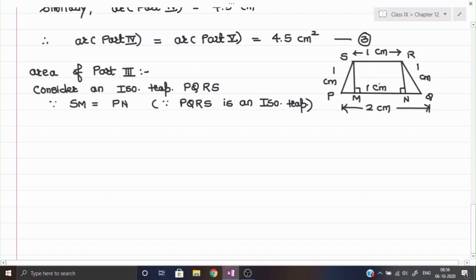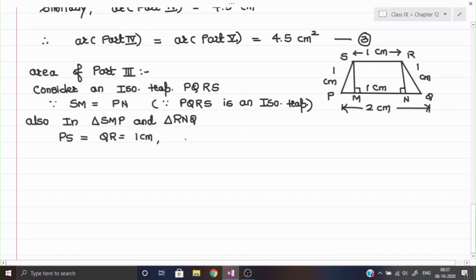And one more thing, in triangle SMP and triangle RNQ, observe PS is equal to QR is equal to 1 centimeter.